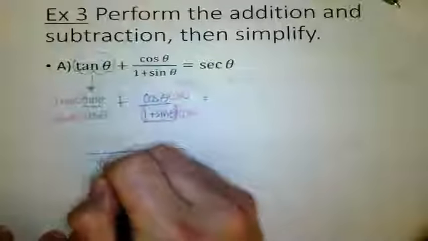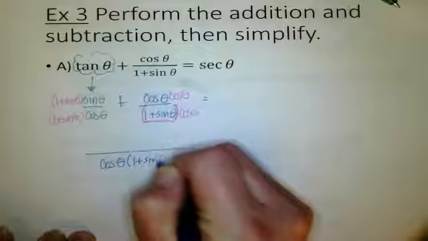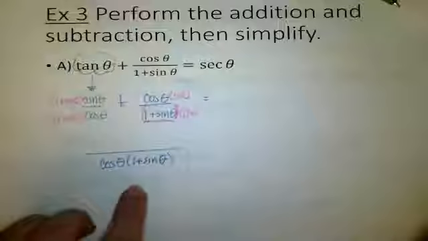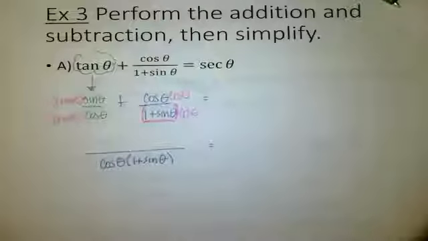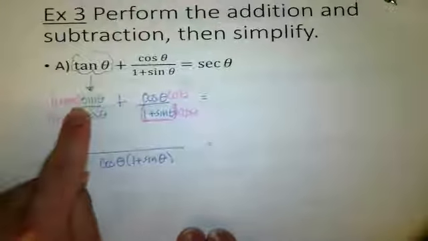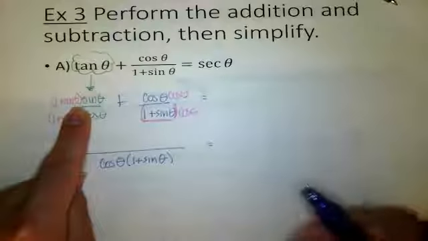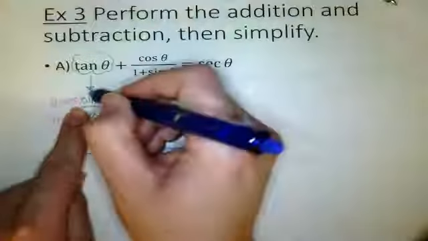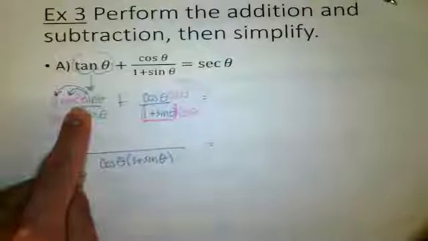That common denominator is 1 plus sine of theta times cosine of theta, however you say it. I am going to leave it factored most of the time, because I'm hoping things will cancel. Now, in the numerators, you do have to multiply.